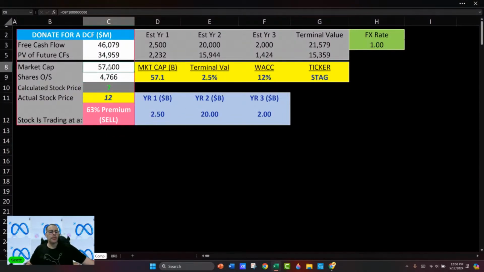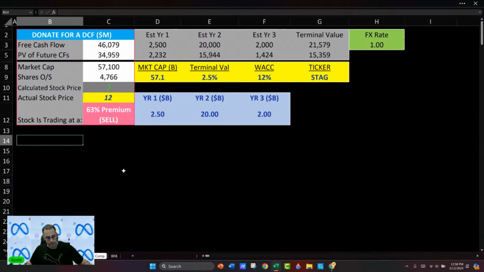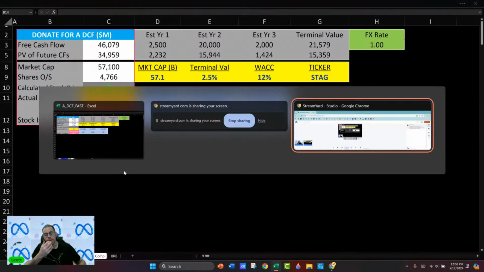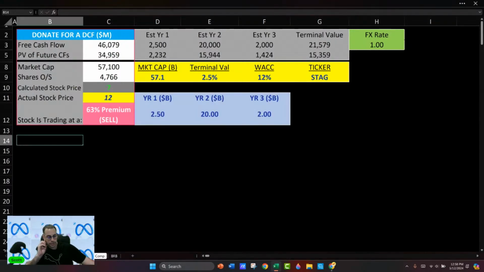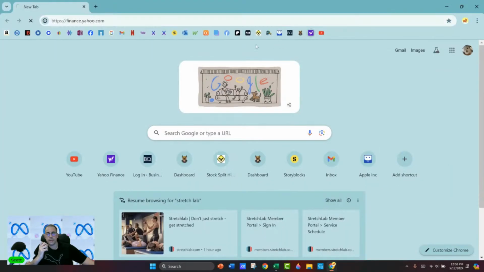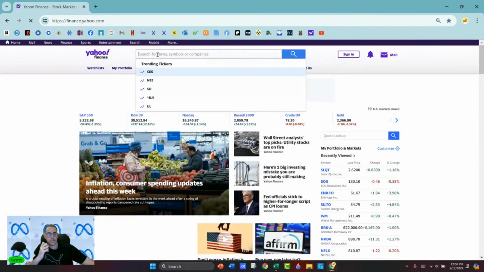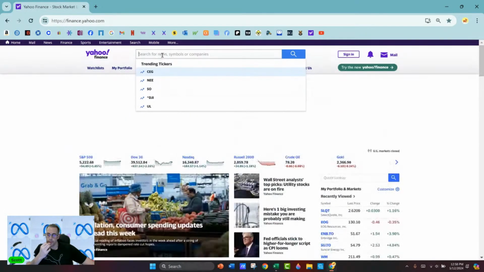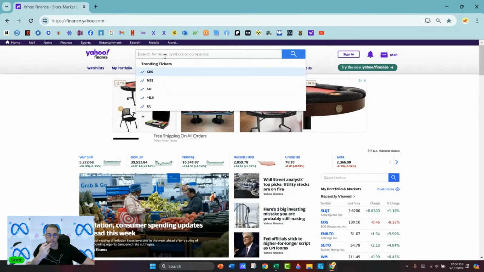So the first part is the market cap. You would search a ticker, whatever ticker you wanted to do a DCF on. I guess we'll just use a current ticker out there. What's a good ticker to do a DCF on?